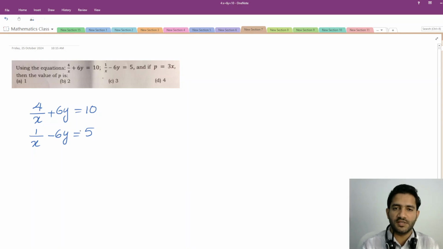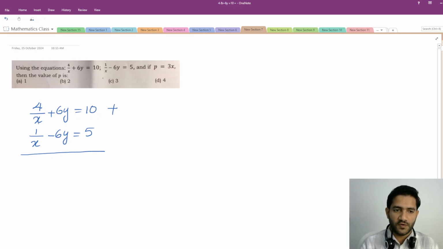So the hint is there: first equation plus 6y, second equation minus 6y. So if we add these two equations, we can eliminate the variable y.